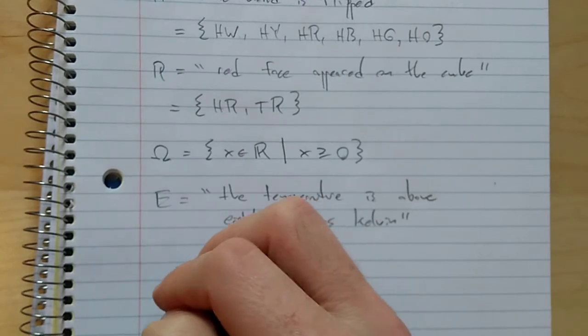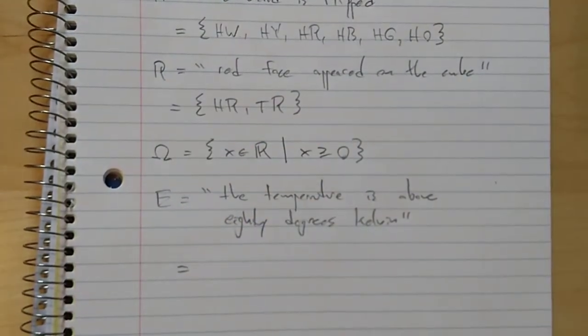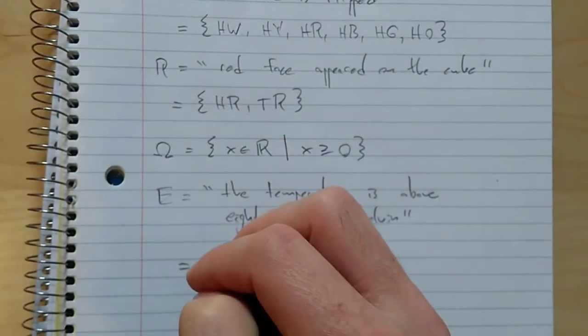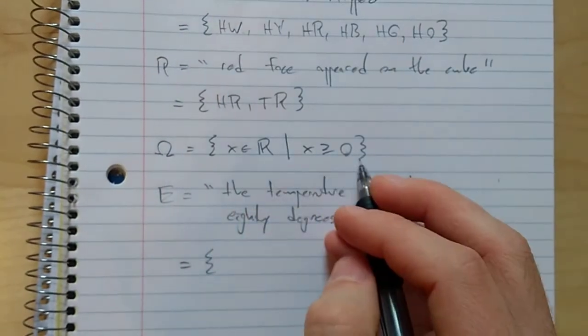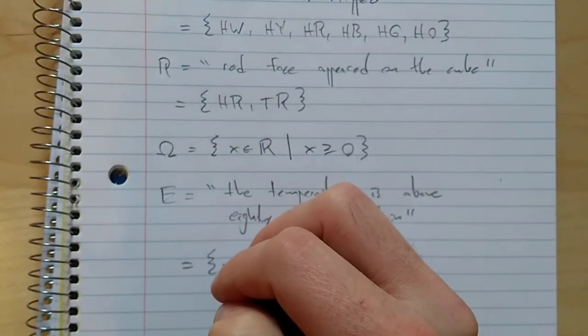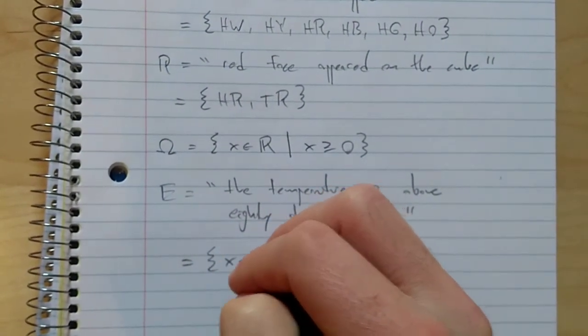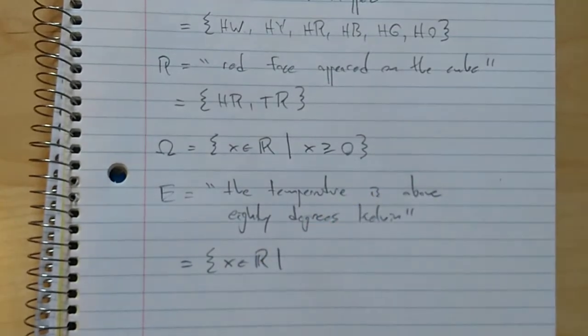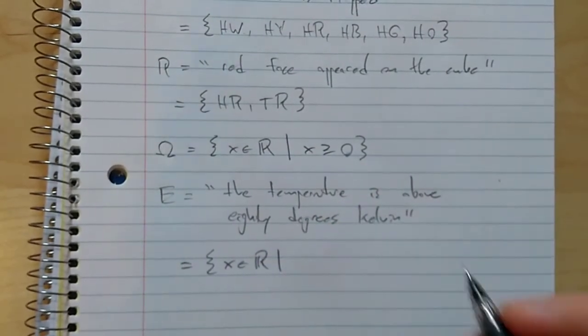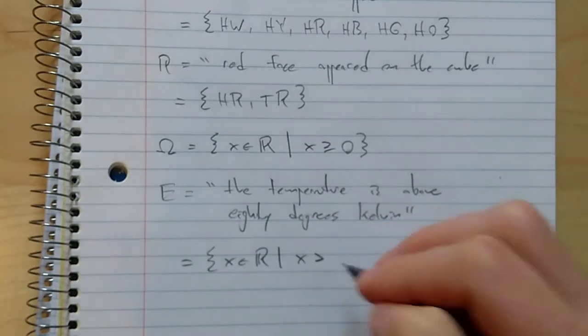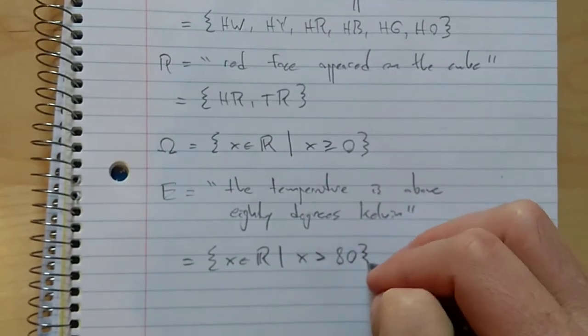Well then, how would you write this out as a set? You can't list all the outcomes. So instead, let's use this notation again. You can see that it's just going to be all the real numbers, but we want the temperature to be above 80 degrees, so we're just going to take the real numbers that are above 80 degrees Kelvin.